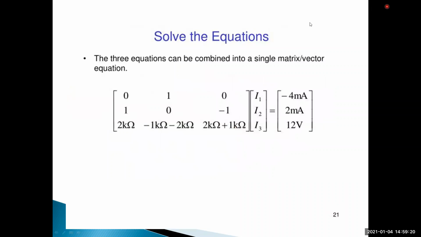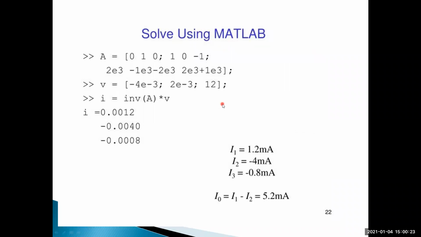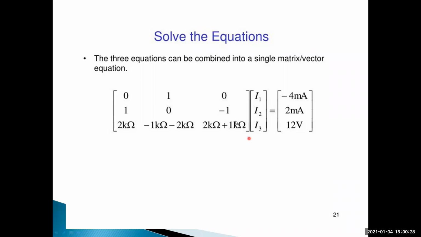It's clear? Understood? Completed, all of you? Write in matrix form and then solve for I1, I2, I3. It's a simple concept, it's not required to show you. So this is the result for the currents I1, I2, I3. Directly I2 is equal to minus 4 milliamps.